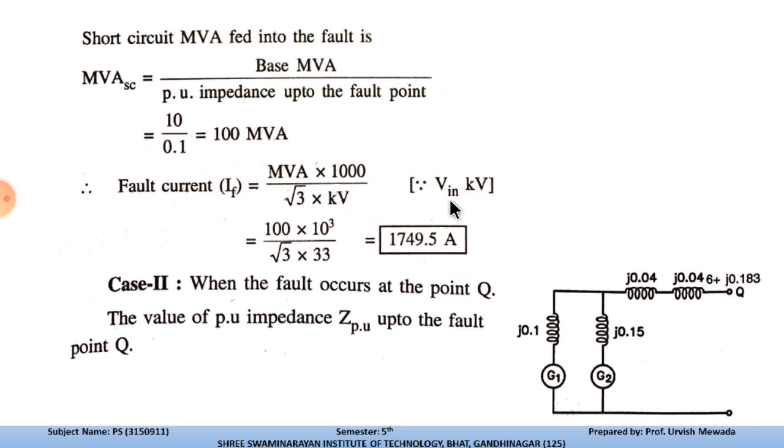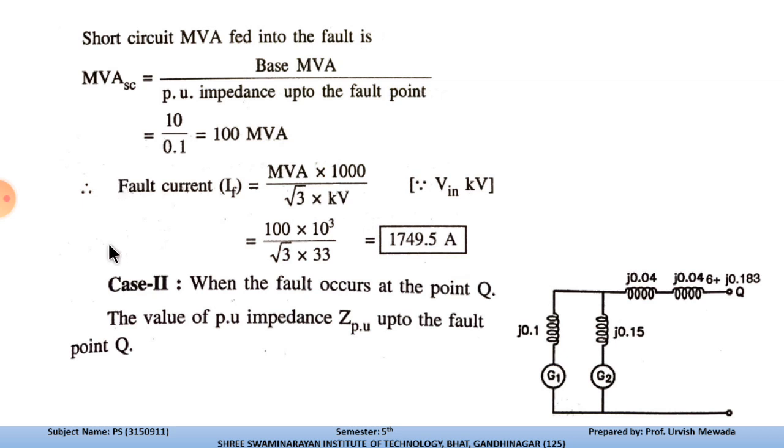Here V is in kV, so MVA is 100 that we have calculated from this, 1000 means it is 10 raised to 3, and root 3 is multiplied by the kV rating of this transmission line, which is 33. So the fault current is 1749.5 where the fault initially occurs at point P.